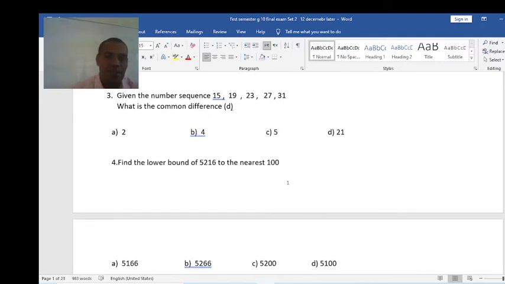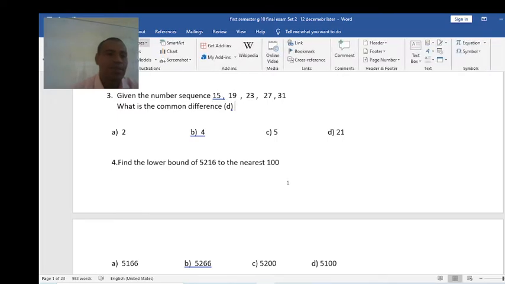Then for the next question, given the number sequence 15, 19, 23, 27, and 31. The question is, what is the common difference? The common difference, my learners, is D. It is the difference between two consecutive terms.